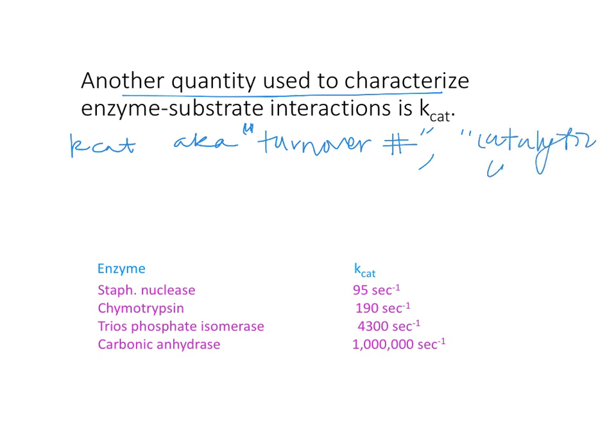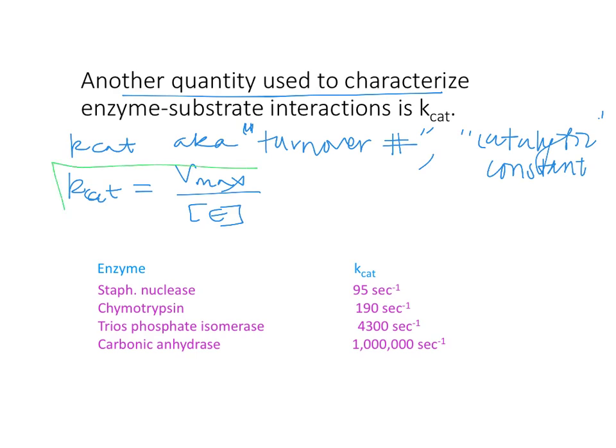Okay, its equation: kcat is equal to Vmax over enzyme concentration. Okay, you need to memorize this. I will not give you this on an exam.